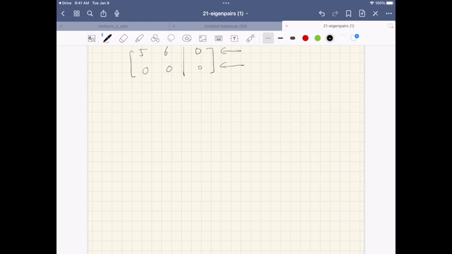We can convert the first row to 5x1 plus 6x2 equals 0, and then solve for the basic variable: x1 equals negative 6 over 5 x2. For PVF form, you want to write the free variable by itself, so x2 equals x2. Now that means x is x2 times the vector (negative 6 over 5, 1).